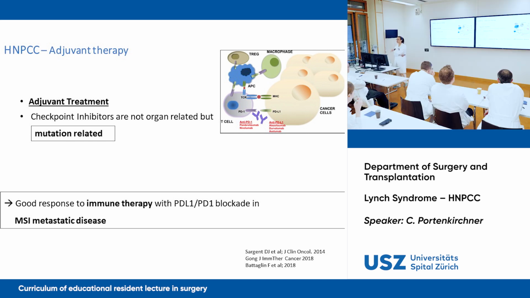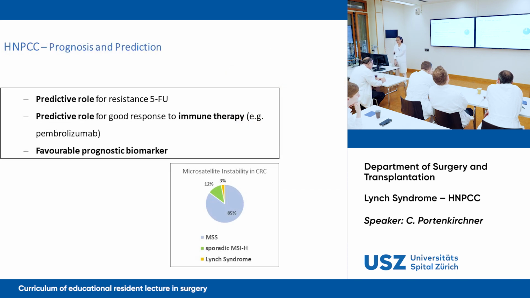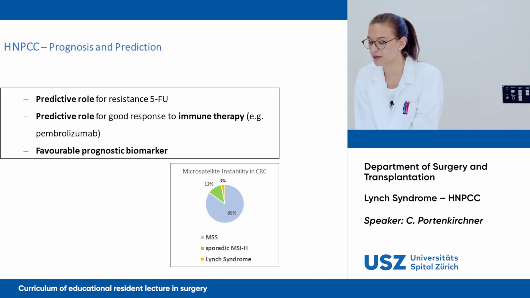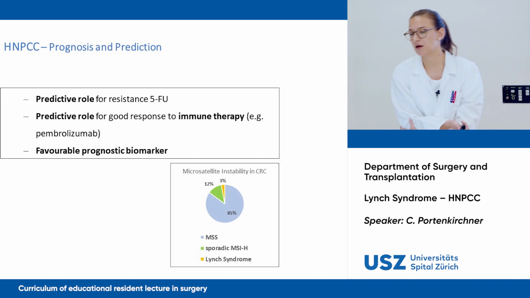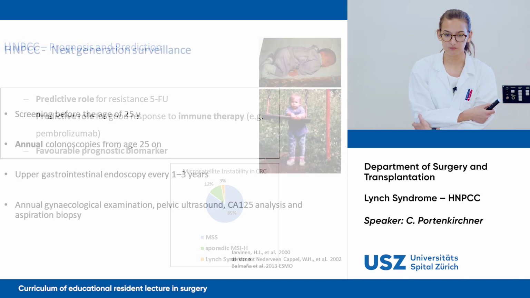They are the first FDA-approved drugs that are not organ-related, and a good response to immune therapy has been shown, especially in metastatic disease. So for prognosis and prediction, MSI in Lynch syndrome has a predictive role for resistance to 5-FU. We have a good response to immune therapy, and it's a favorable prognostic biomarker.